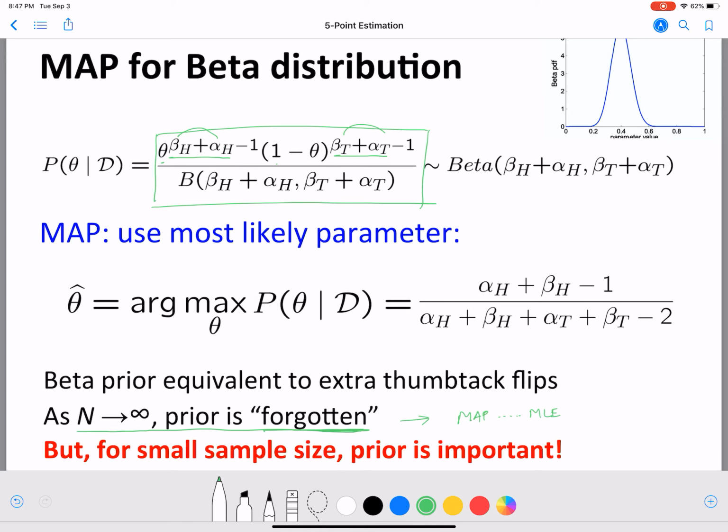MLE is based on the likelihood, which is based on data, and MAP is based on the prior, which is now forgotten because we have infinite data. So this is also going to be affected more by the likelihood, and then they approach each other, they look similar because the prior is now forgotten.